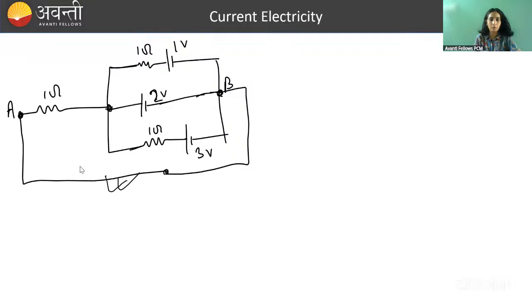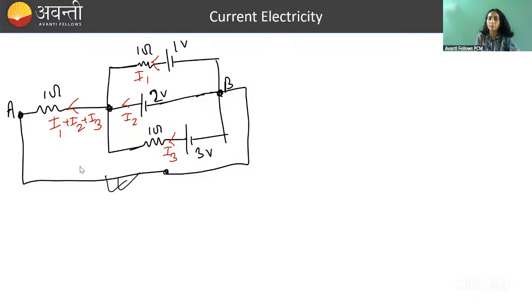क्या कर सकते हैं हम बताओ? Circuit will be like this. What we can do? We can simply assume कि चलो यहाँ से current I1 निकला, यहाँ से current I2 निकला, यहाँ से current I3 निकला. And here the current coming will be I1 plus I2 plus I3. Now we have three variables, I1, I2, I3.